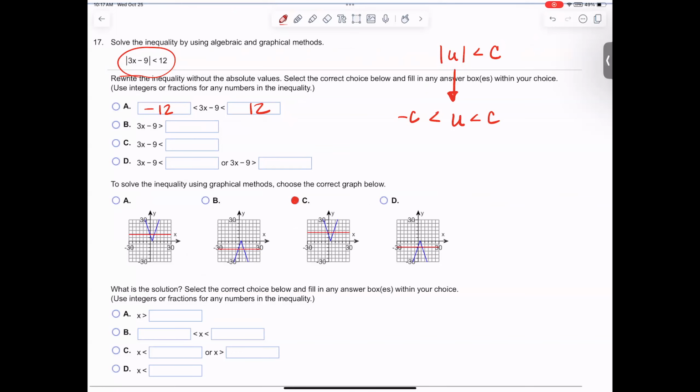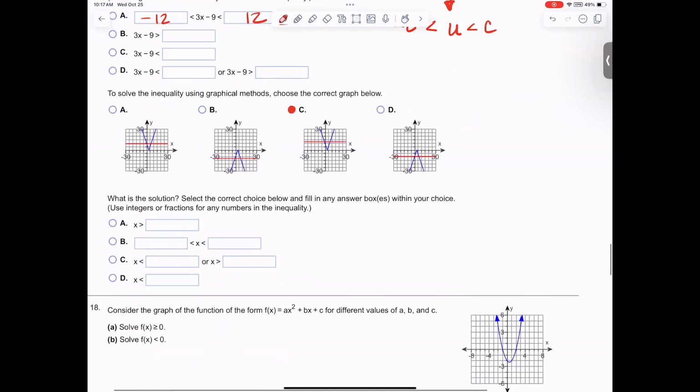So it has to be C because the second thing I graphed was 12. In part A, it's on 10. Well, that's hard to see, but there is a subtle difference between A and C where that horizontal line is, and the horizontal line is at 12.